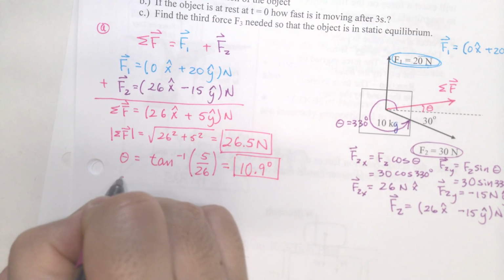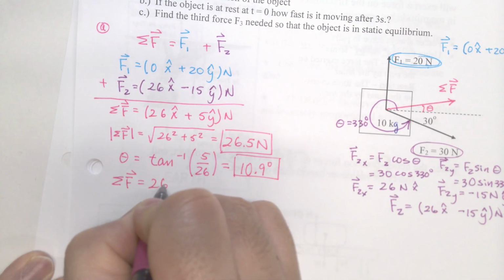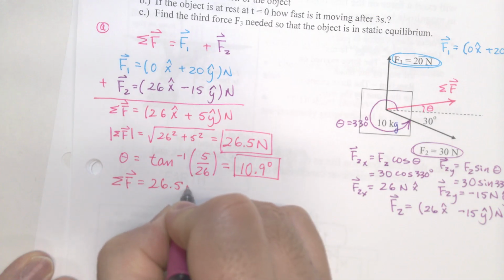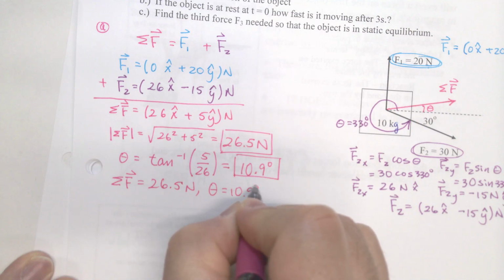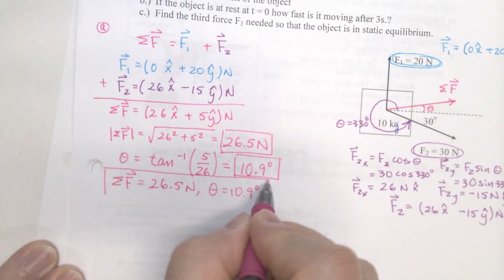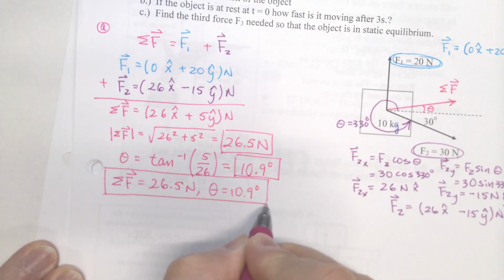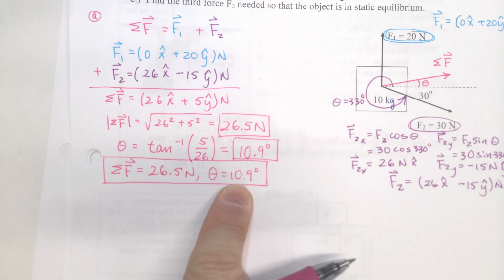So your net force in polar form is 26.5 newtons, comma, theta equals 10.9 degrees. To find acceleration, it will have the exact same direction as my net force, so we already got the direction for acceleration.